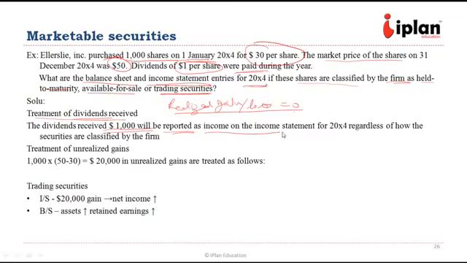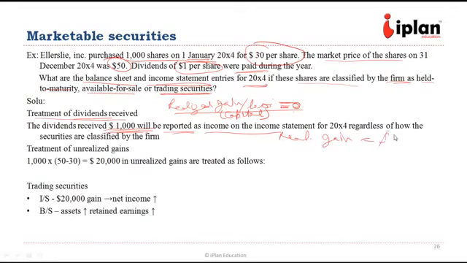Since it is realized, this is realized gain, so that will go to the income statement. Here when we said realized gain or loss, it was capital gain or capital loss. Since we have not sold the security, the capital gain or loss is going to be 0. But there will be an income due to dividend, so that has to be a part of the income statement.